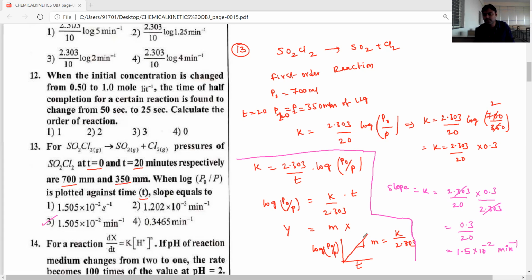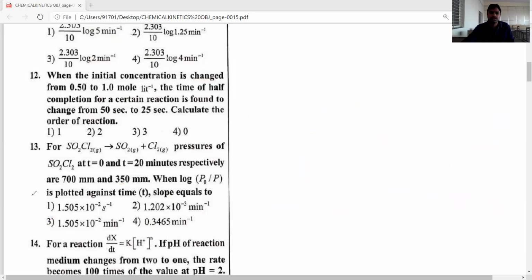On simplification, k is equal to 2.303 by 20 into 0.3, divided by 2.303. Then this 2.303 cancels. Then slope is equal to 0.3 by 20, which on simplification is 1.5 into 10 to the power of minus 2 minute inverse. So the answer is the third option. Okay, let's go for the next question.